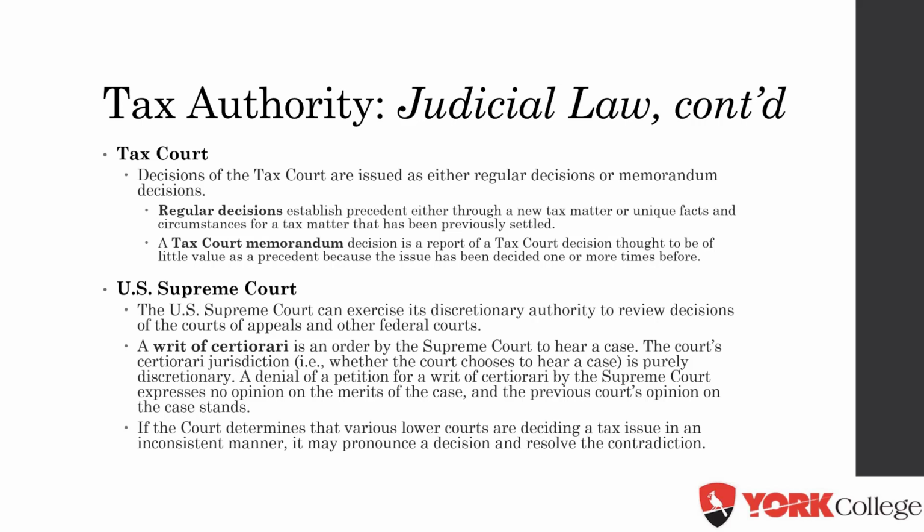For the tax court specifically, these regular decisions establish precedent on either a new tax matter or a previously settled tax matter that now has a different set of facts and circumstances. So this is your cookie cutter court decision.